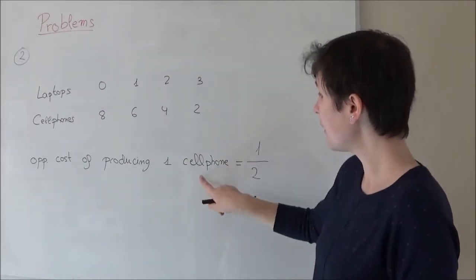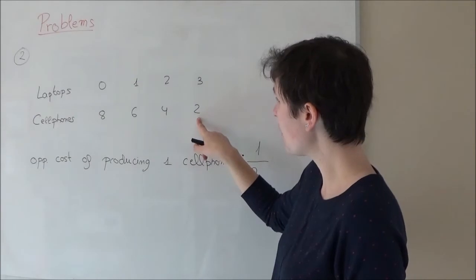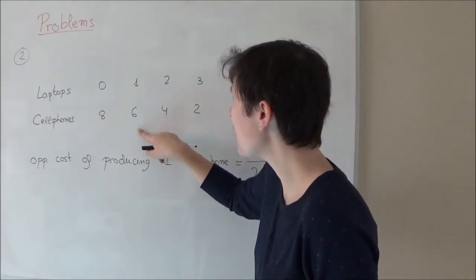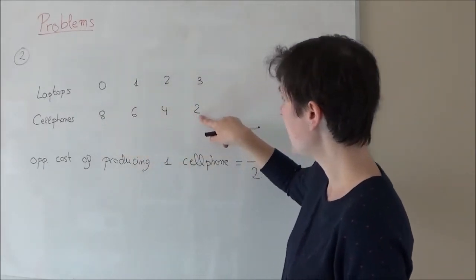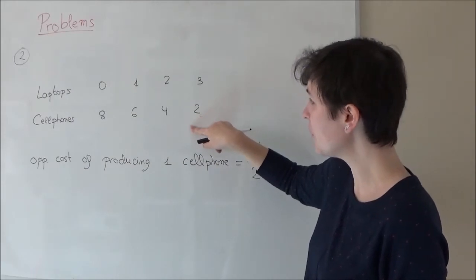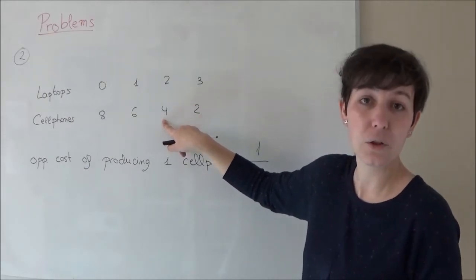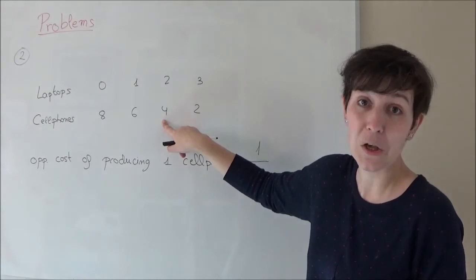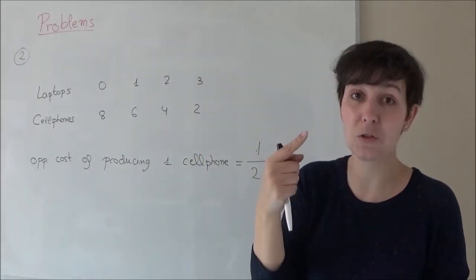The problem in the case of cell phone is that we have increased not by 1 unit but by 2. You see, here you are producing 2 cell phones, but here you are producing 4 instead of just 3. I mean, instead of just 1 more.